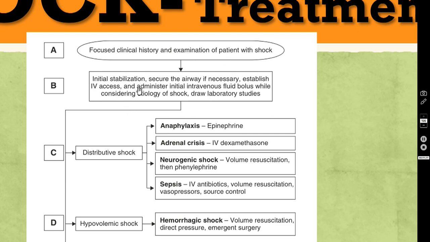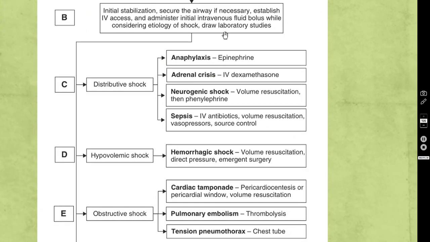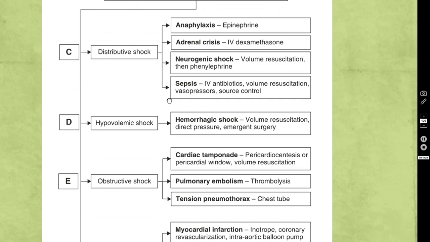Then immediately you have to stabilize the patient, secure the airway if necessary, establish the IV access, and administer an initial intravenous fluid bolus while considering the etiology of the shock. You have to draw blood for laboratory studies.